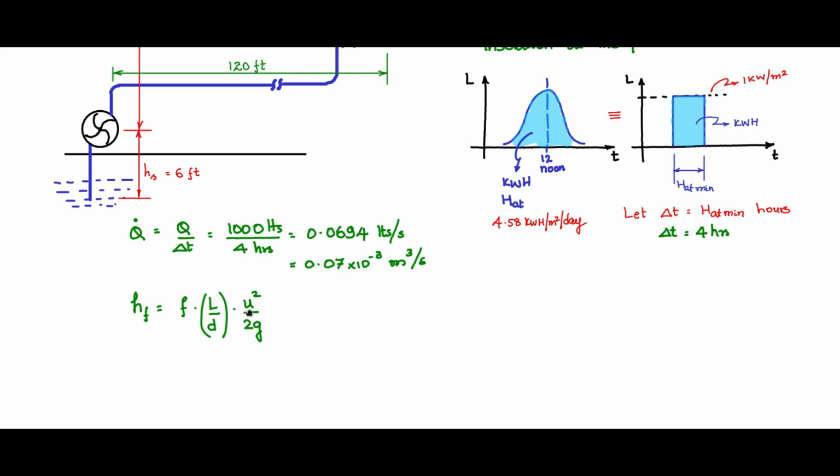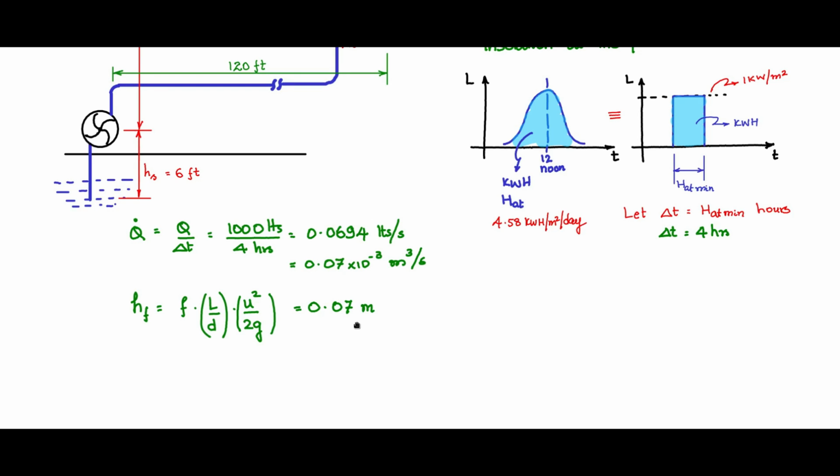U would have changed. The fluid velocity, because Q dot has become significantly low, U is Q dot by A. A has not changed, and therefore U would also proportionally reduce. U square would be still further less, and this gives you 0.07 meters.